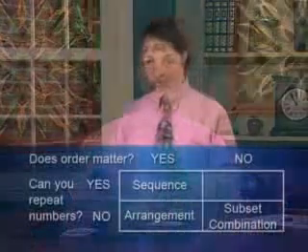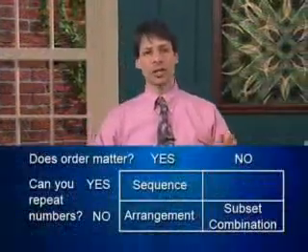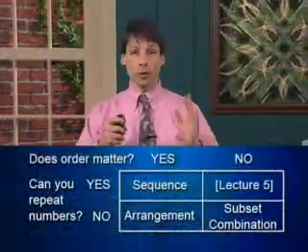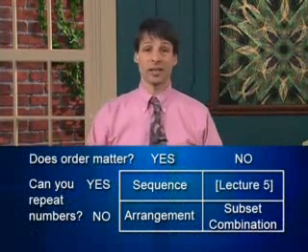For example, if all that matters is which 5 cards are dealt to me, but it doesn't matter in which order I get those 5 cards, it's all the same hand to me, then this would be an example of a subset or a combination. Or if we had a barn full of horses, we might decide which 3 of them get to go out and play in the meadow. That would be a combination. There's a 4th situation that we'll talk about later where order doesn't matter and repetition is allowed.